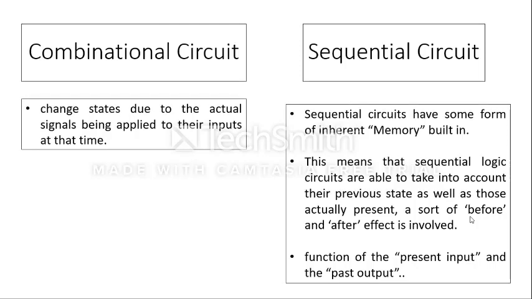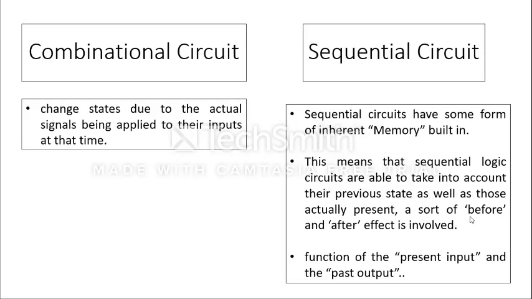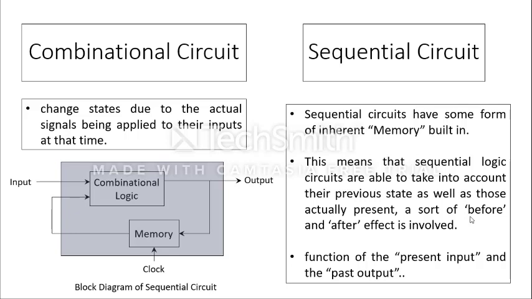So when you calculate the output of a sequential circuit, along with the input you have another input, which is actually the past output. We will give some examples and it will be clear. So you can say the output is a function of the present input and past output, all of which is used to get your present output in a sequential circuit.